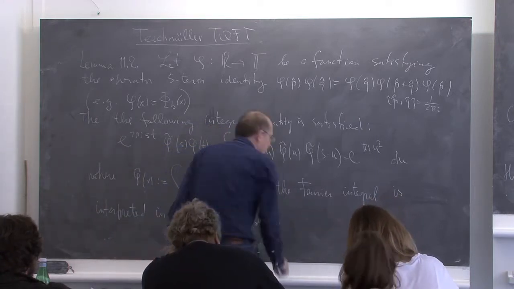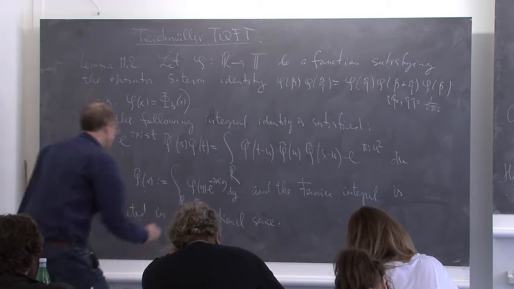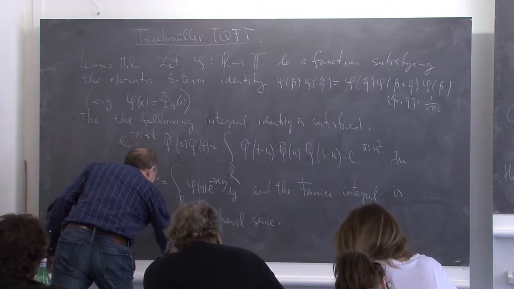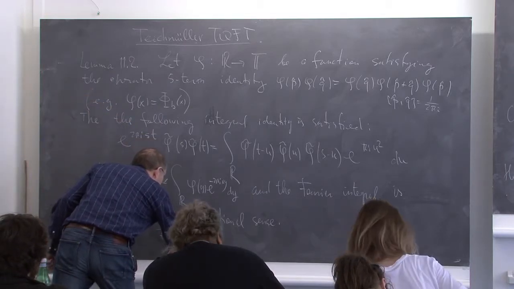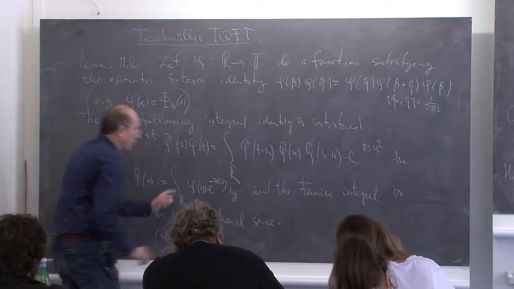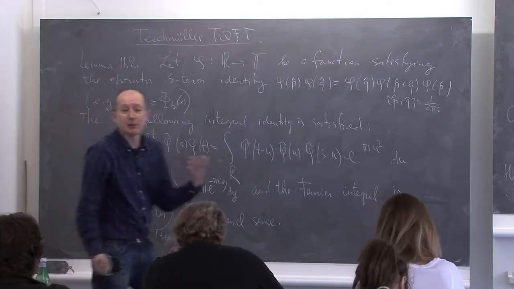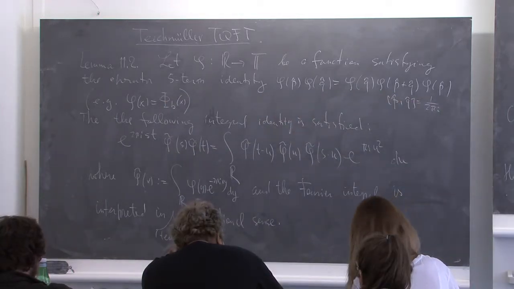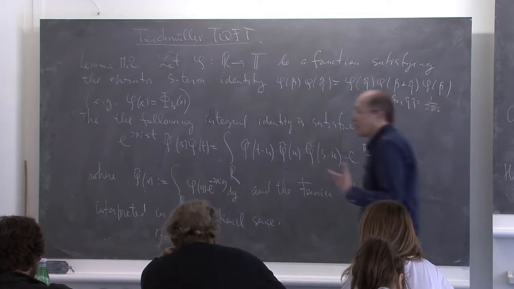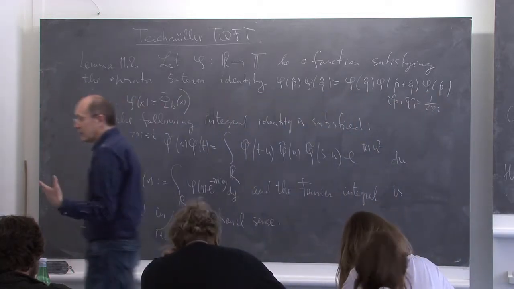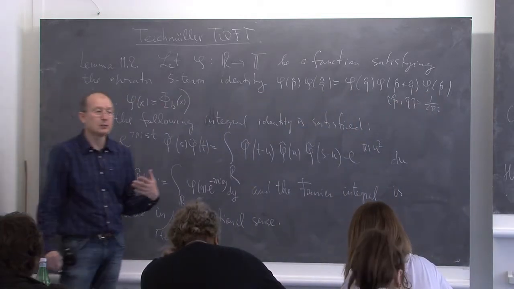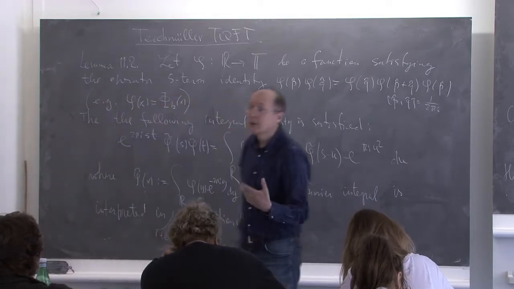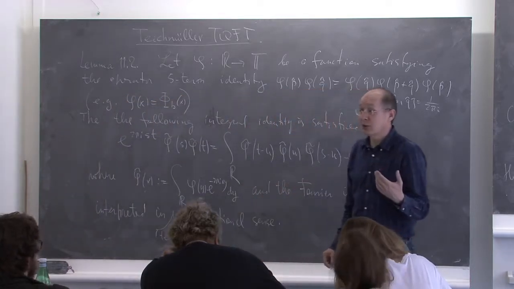And more precisely, the tempered distributional sense, right? Because we treat phi of y as a tempered distribution. What is a tempered distribution? In particular, any locally integrable function of at most polynomial growth corresponds to a tempered distribution.